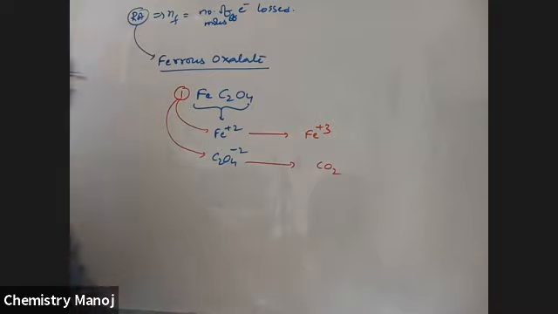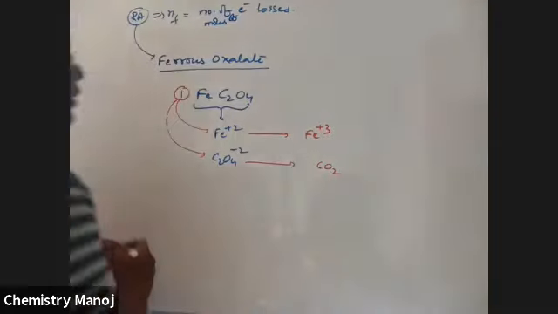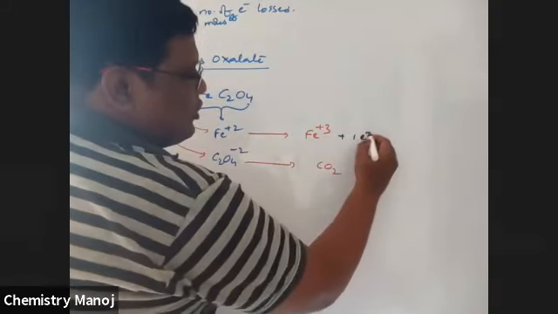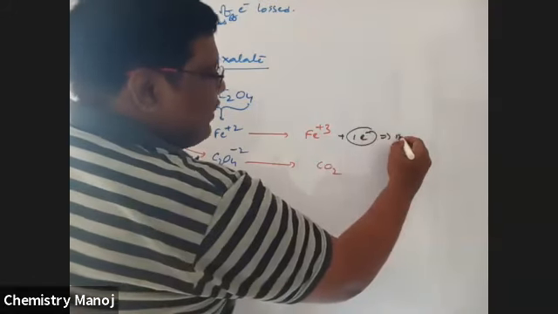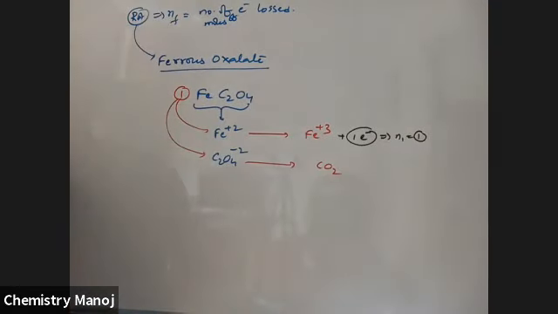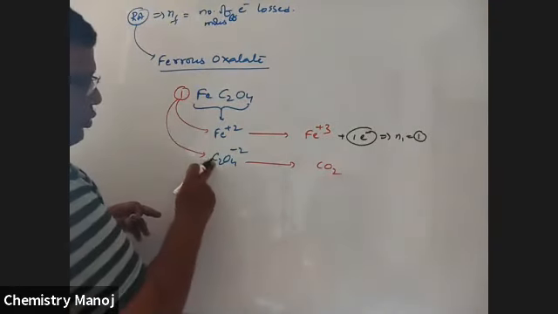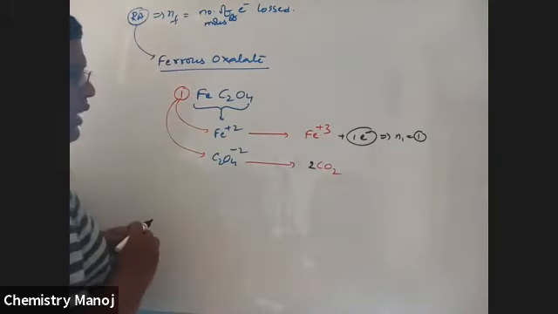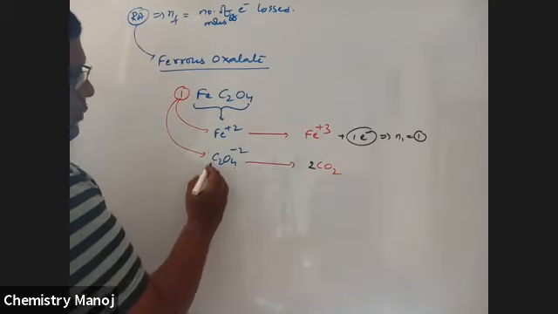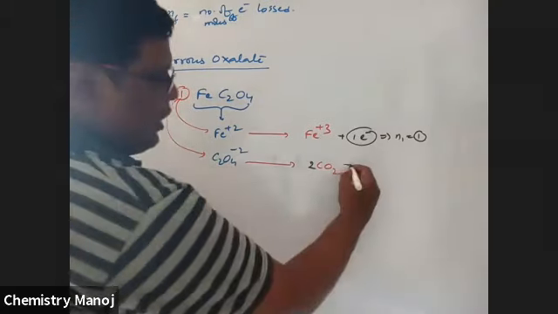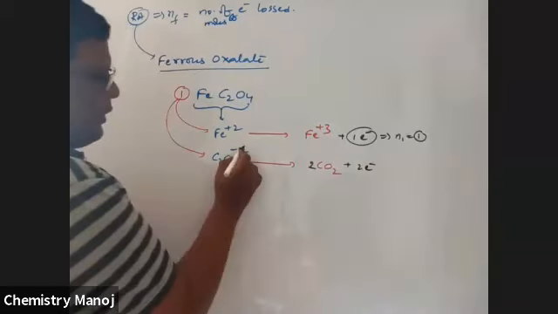So see here, Fe +2 to Fe +3, 1 electron is used. In this case, n1 is equal to 1. Next, here 2 carbons are there, so you should balance these 2 carbons. It is totally balanced by the loss of 2 electrons, with charge balancing, it is -2.